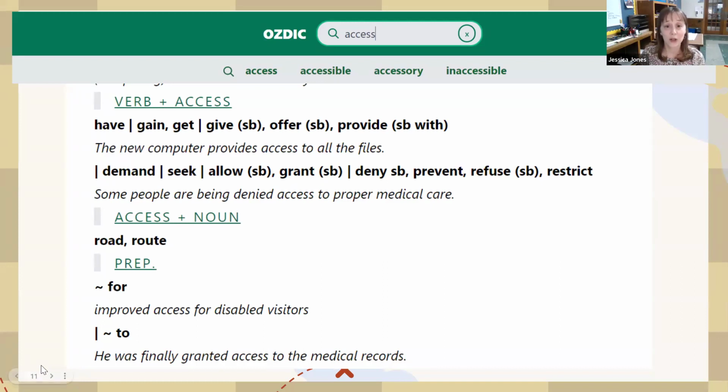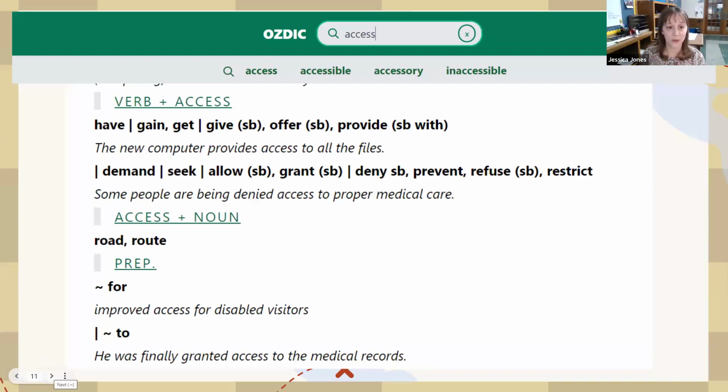A lot of times I said, you might not know what all these words mean. You might not know what deny or restrict mean, but you know what give means. So let's try a sentence with give access. Let's try a sentence with provide access. It started to give them a structure to build their own sentences, but it wasn't quite as limiting as a sentence frame might be.